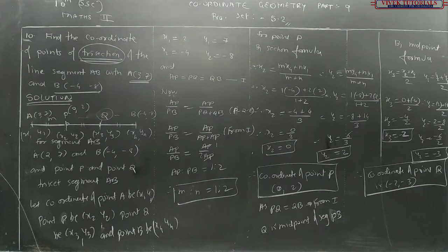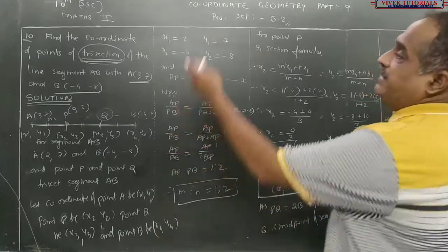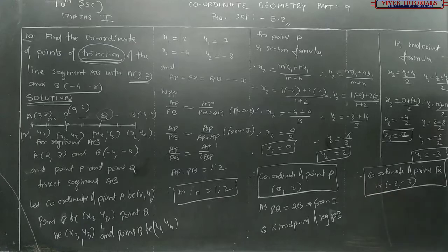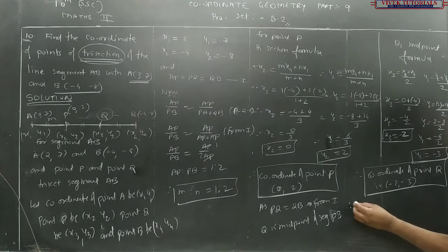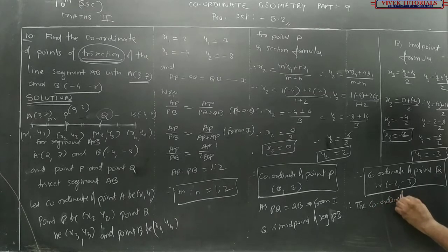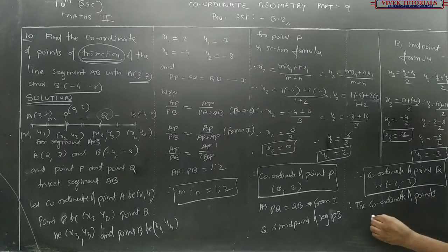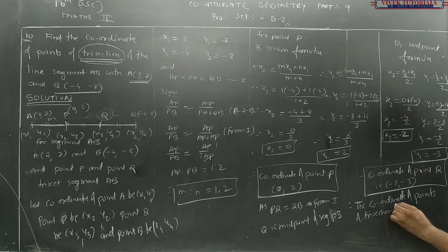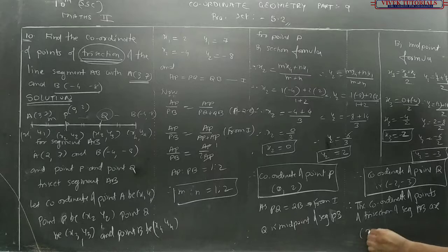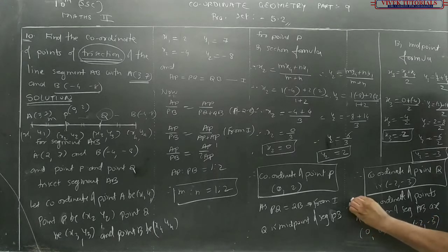Okay. Then, so we got the value of P and Q. So what have they asked you? Therefore, P and Q, the points we had taken. Therefore, I can write the coordinates of the points of trisection of segment AB are, first one is 0, 2 and minus 2, minus 3.